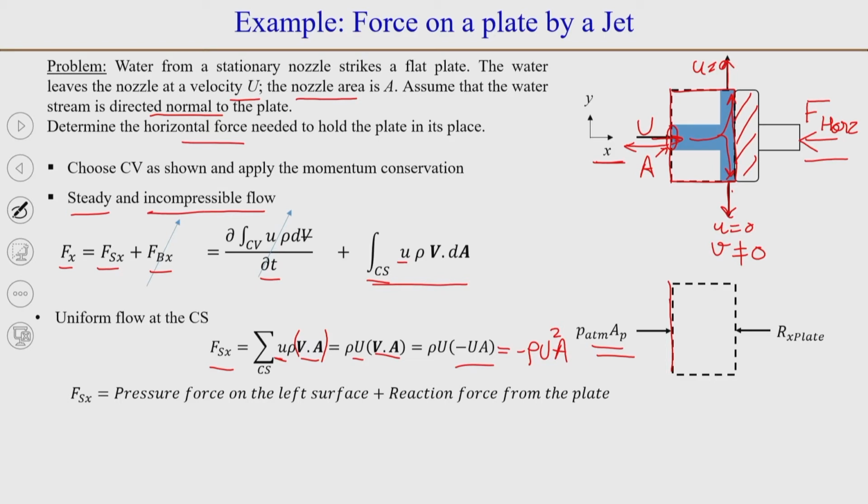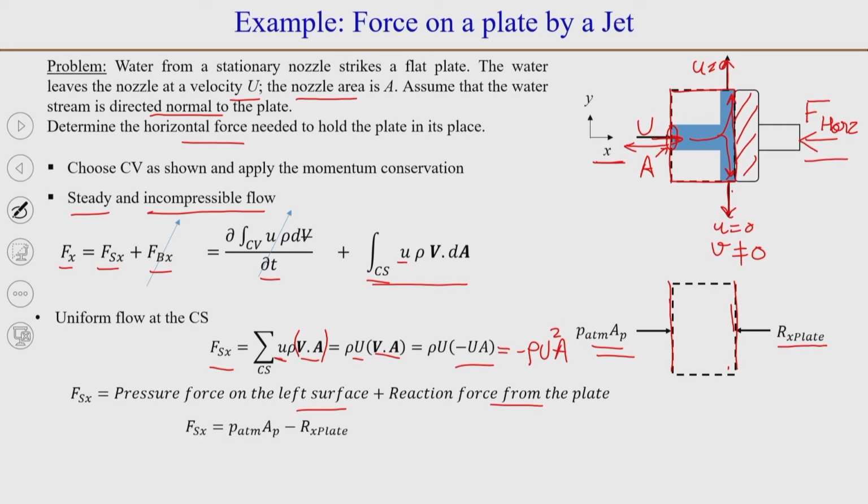Now, when the water jet hits the plate here, a reaction force will also be applied on the water. So, in this control volume, the force on this side will be the reaction force from the plate. So, there are two forces, the pressure force on the left surface and the reaction force from the plate.